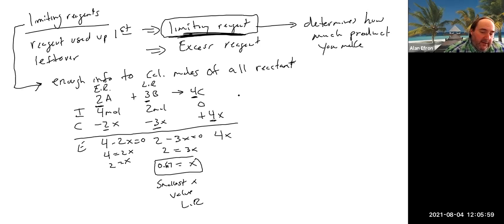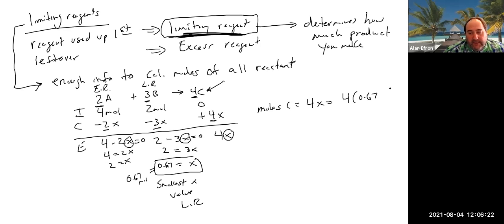Again, the nice thing about this is that x is 0.67 moles, and it is every x value that we see here in the table. Which means if we want to know how much product we produce, the moles of C is equal to 4 times x, which in my example would be 4 times 0.67 moles.